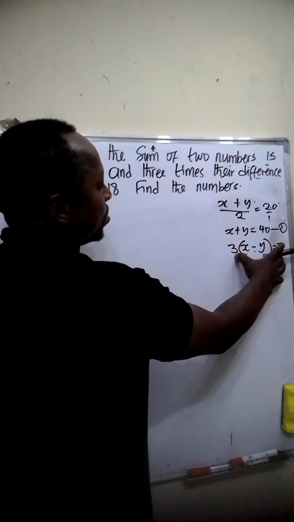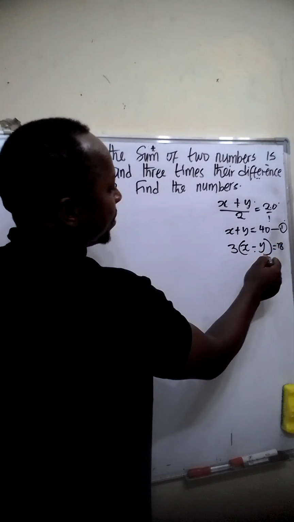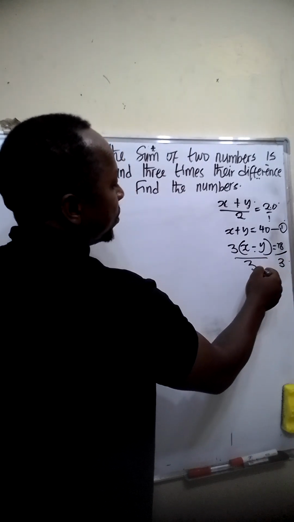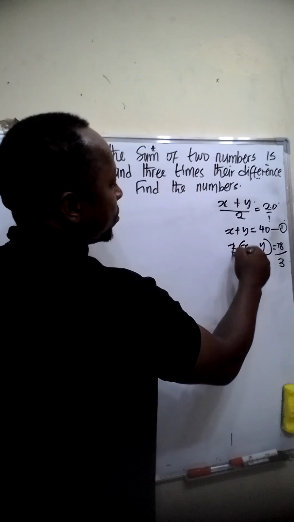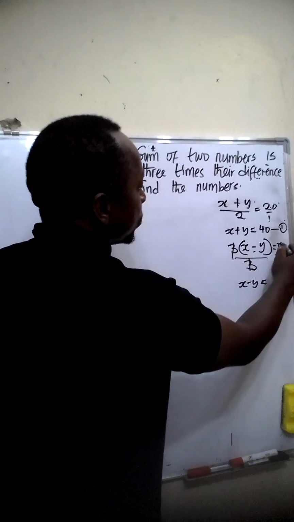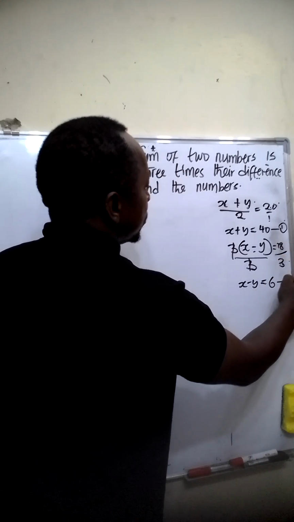We can simplify this equation by dividing both sides by 3. We cancel 3 and we're left with x minus y equal to 18 divided by 3, which is 6. Let's call this equation 2.